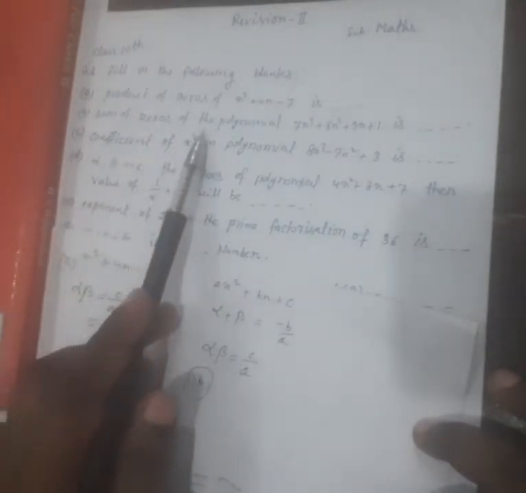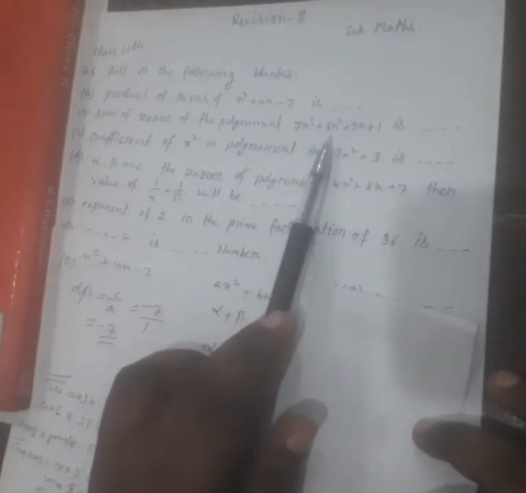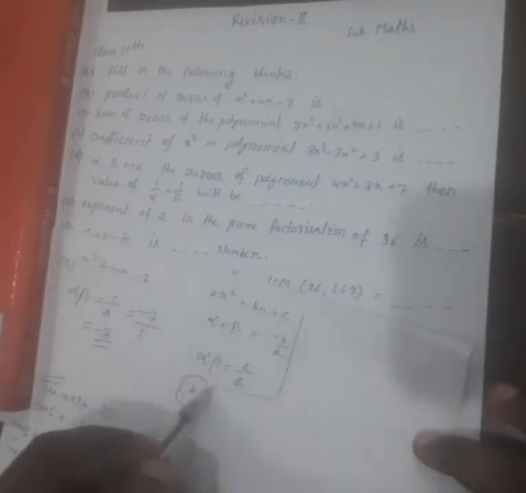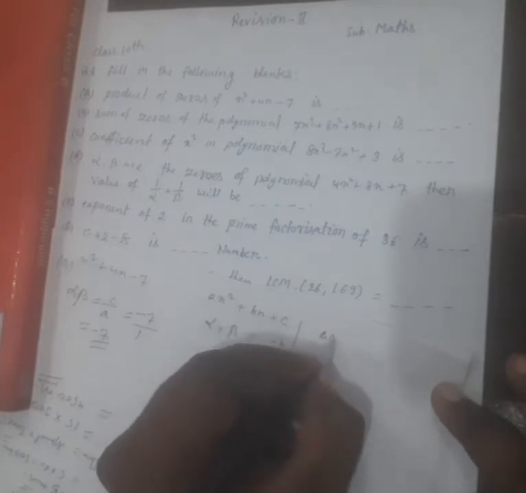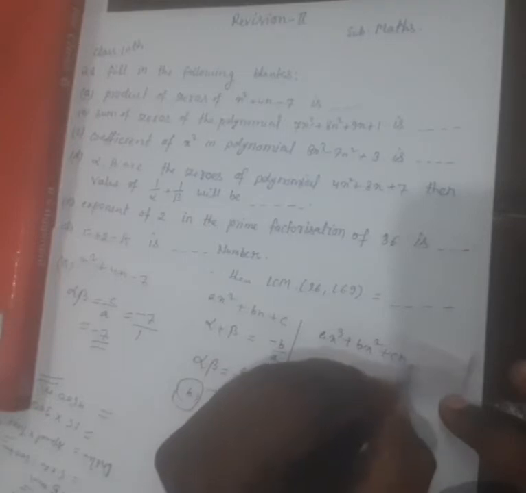The B question says: sum of zeros of polynomial 7x cube plus 8x square plus 9x plus 1. So see, this is a cubic polynomial. The general form of a cubic polynomial is ax cube plus bx square plus cx plus d.